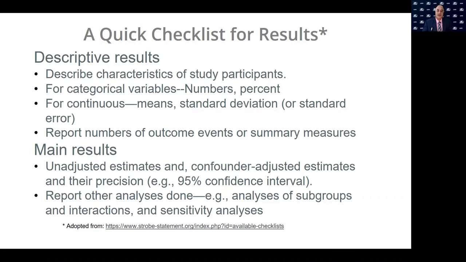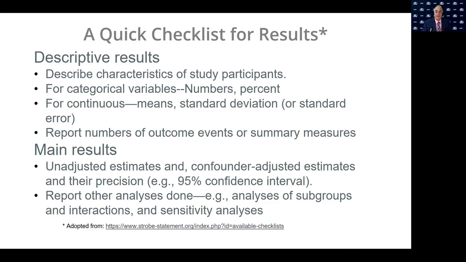And then after the descriptive results, when you do report main results, provide sufficient details. I will talk about how to organize your results in the next couple of slides. But one thing I wanted to say is to provide sufficient details, such as, if you are reporting odds ratios, make sure your reader knows whether they are unadjusted or adjusted estimates.